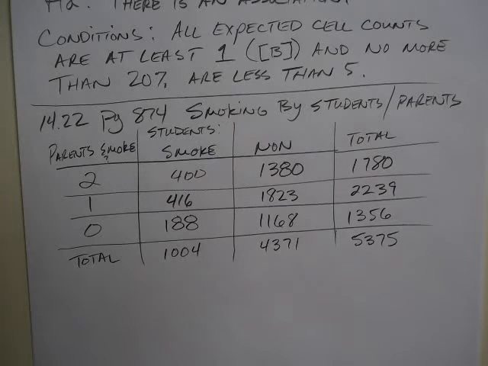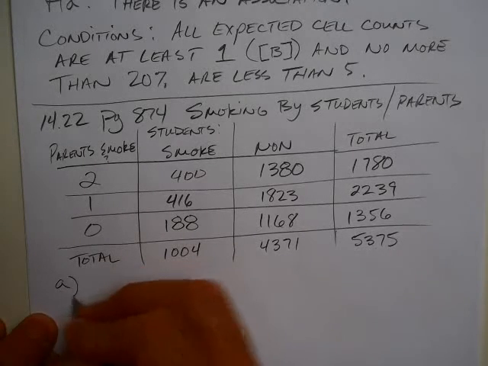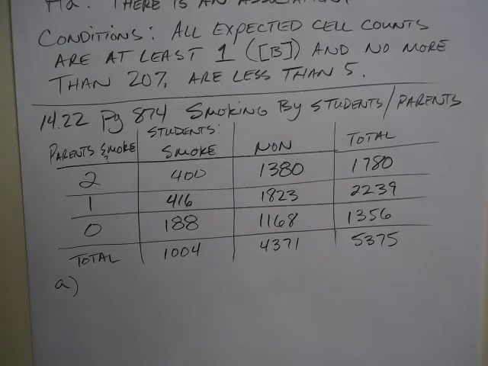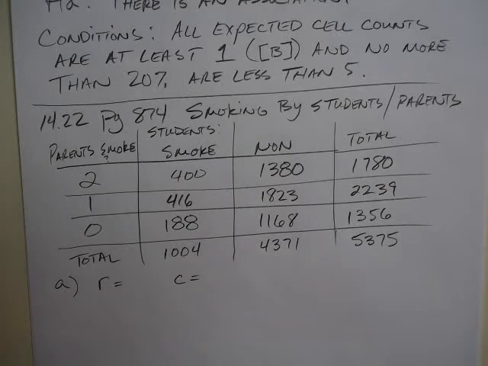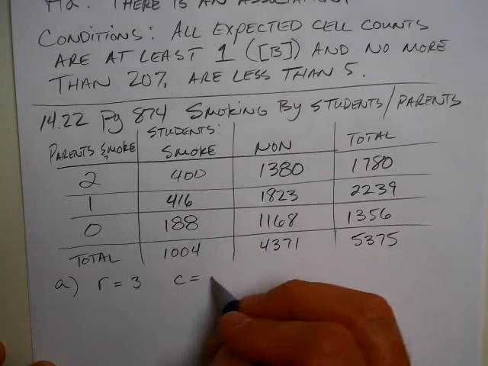So I'm filling in some stuff that hasn't been done. Part A simply says this is an R by C table. What are the numbers R and C? Got 3 rows, right? Two parents, 1 parent, and 0 parents. And 2 columns, smoke and non-smoke, right?